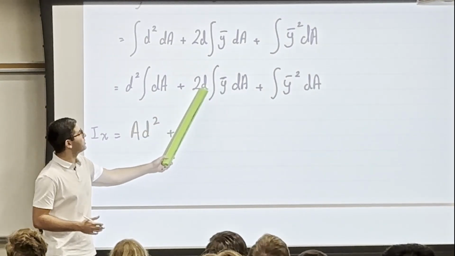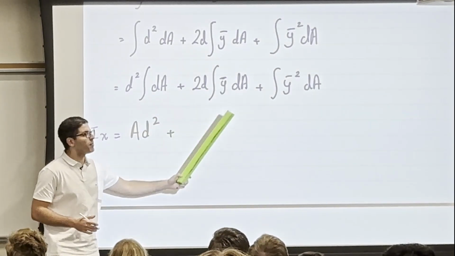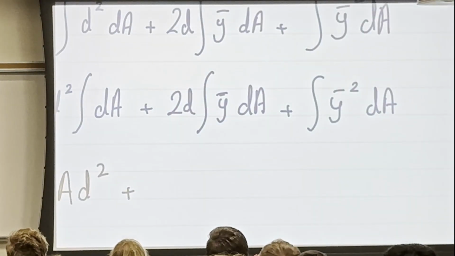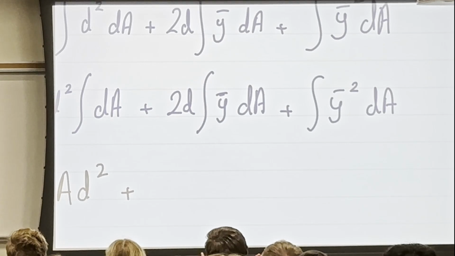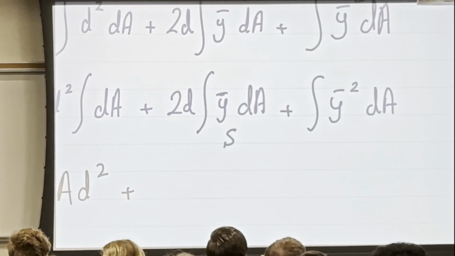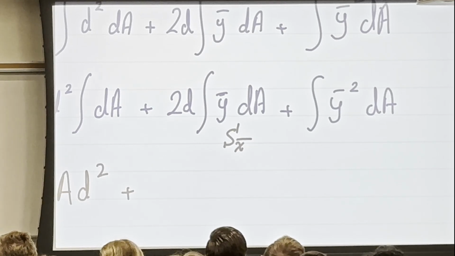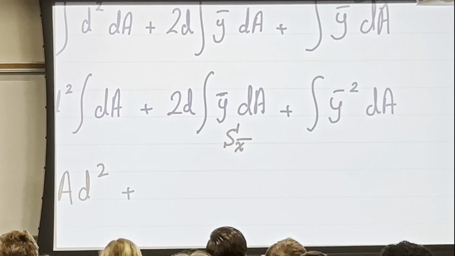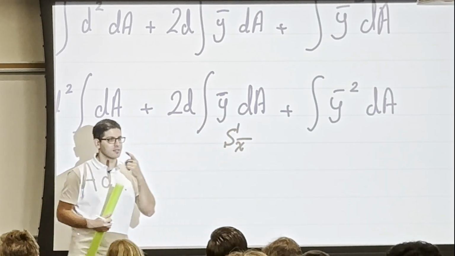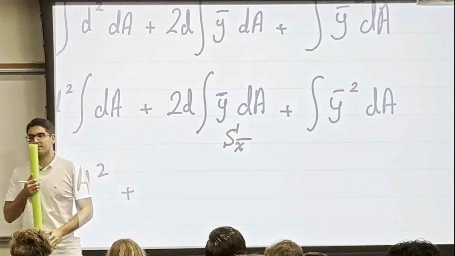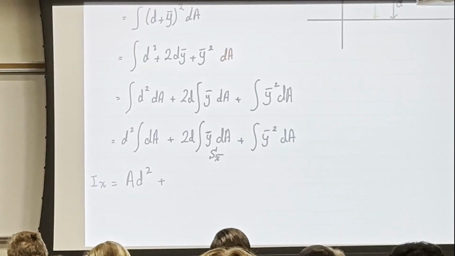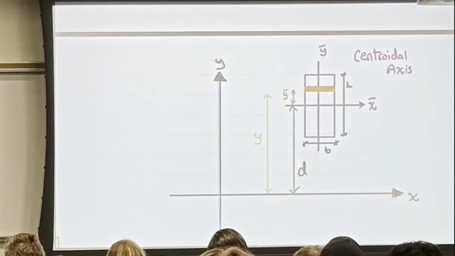Okay, this one is 2d times integration y bar dA. Integration y bar dA, is that the first or second moment? That's first. And when we say integration y bar dA, that is as if Sx bar, which is the first moment of area about the centroidal axis. What is that equal to? Okay, one minute, let me show you. This is the shape.